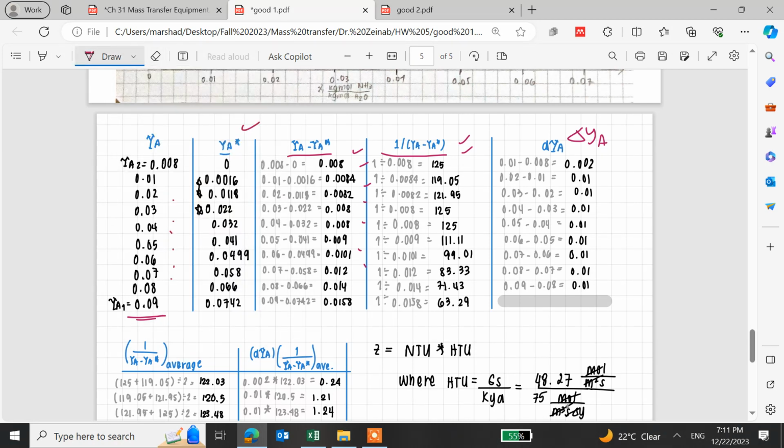So the first delta difference of y is this, that's 0.001. Then 0.02 minus 0.01. So this is 0.01. So these are the delta y. At this delta y, these are the values of 1 over y minus y star.